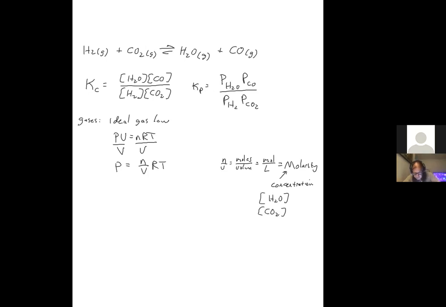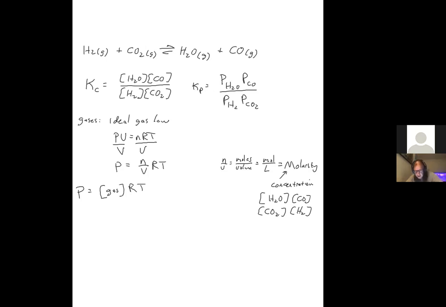So it's not unusual to do it this way. We're going to say that pressure is equal to the concentration of the gas, n over V, times RT.